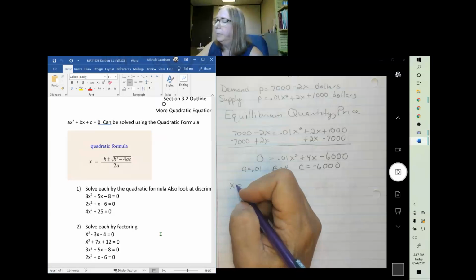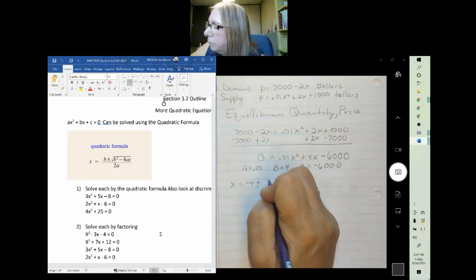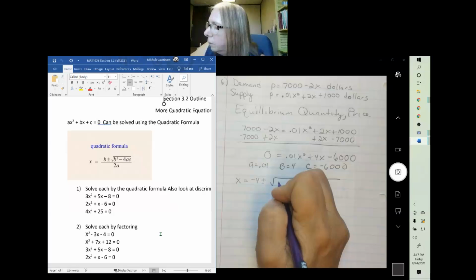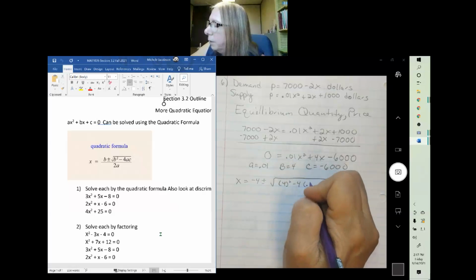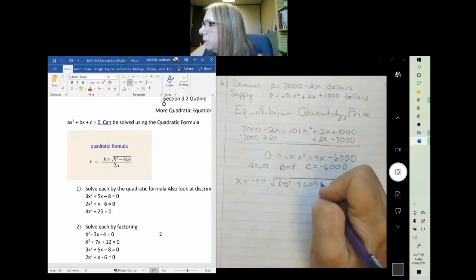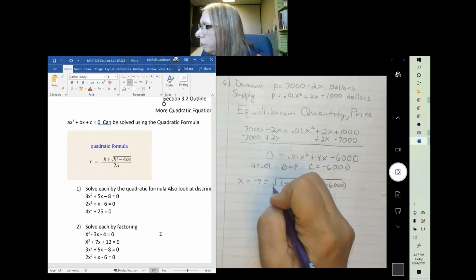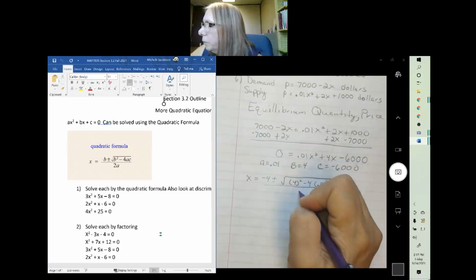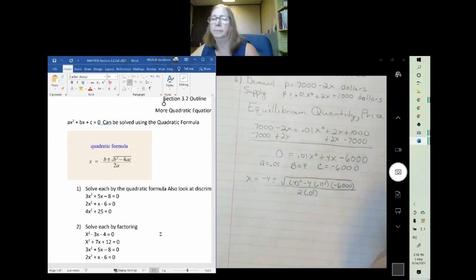Using the formula, x equals negative b plus or minus the square root of b squared minus 4 times a times c, all over 2 times a. Once you plug it in, calculate under the square root.